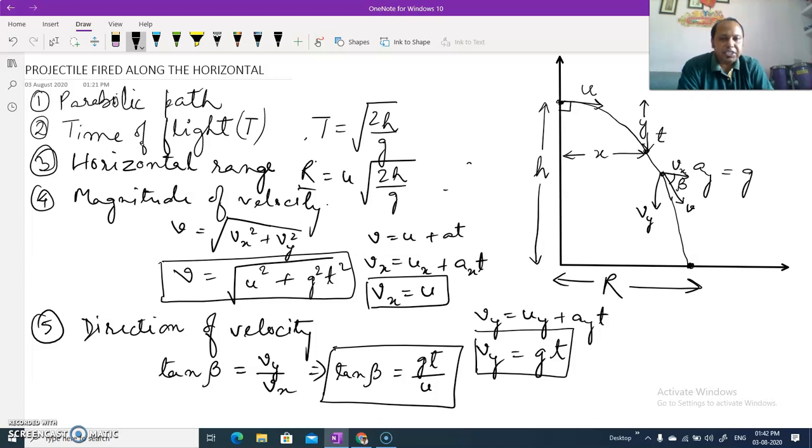Beta represents the angle which the velocity makes with the horizontal direction. So tangent beta is gt upon u.